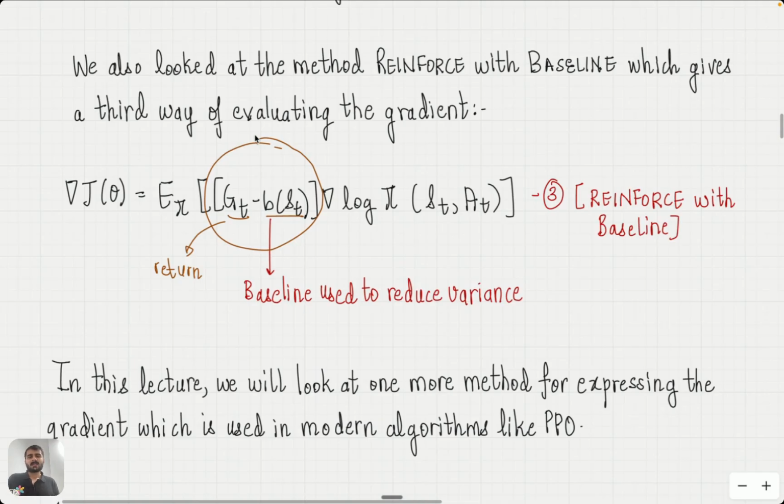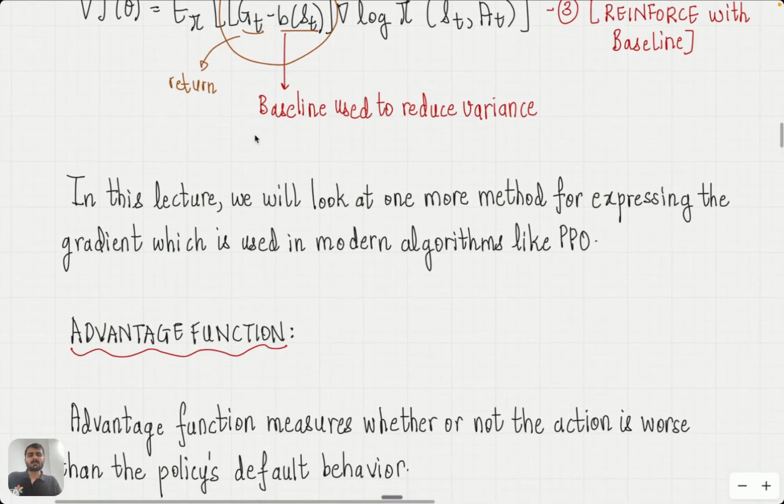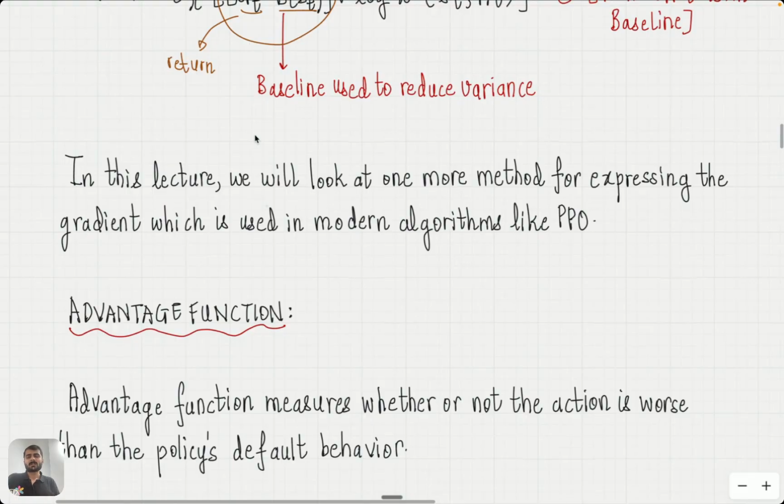That is why this lecture is very important, because it helps us build a very nice framework to understand these important algorithms in the context of modern reinforcement learning, and especially their applications to large language models. Okay, so this brings us to a concept called the advantage function.